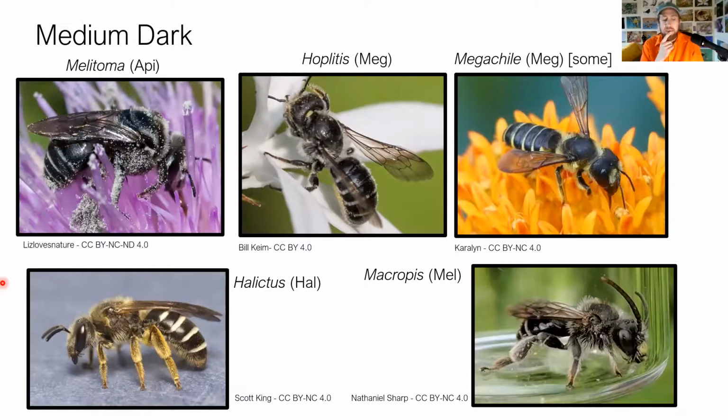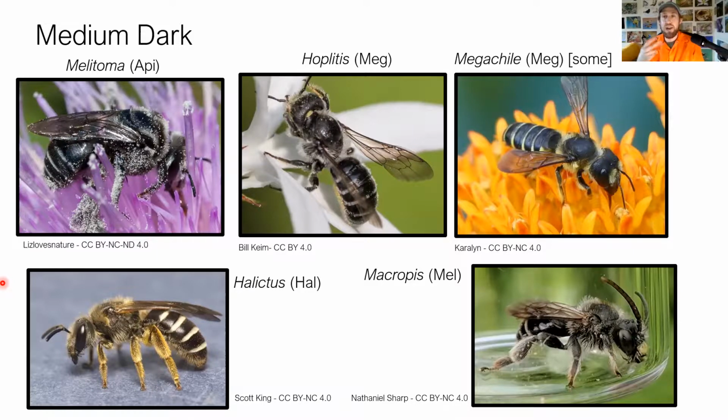And finally, we have Macropis. This is the second genus that's in the Melittidae. They have a very kind of amazing natural history. They are specialists on loosestrife flowers as the only flowers, or pretty much the only flowers, they visit. Part of the reason is that they gather oils from those flowers.